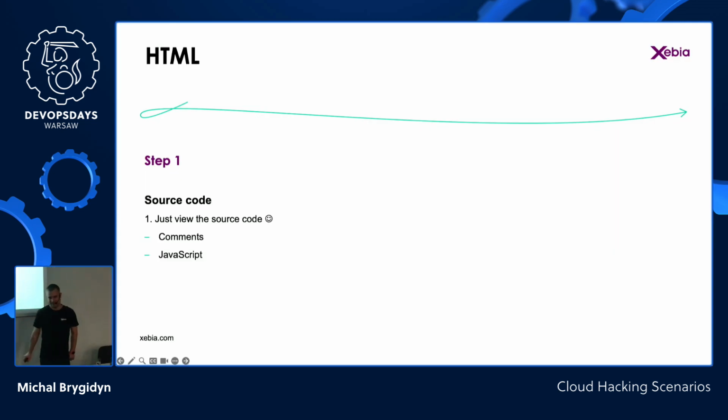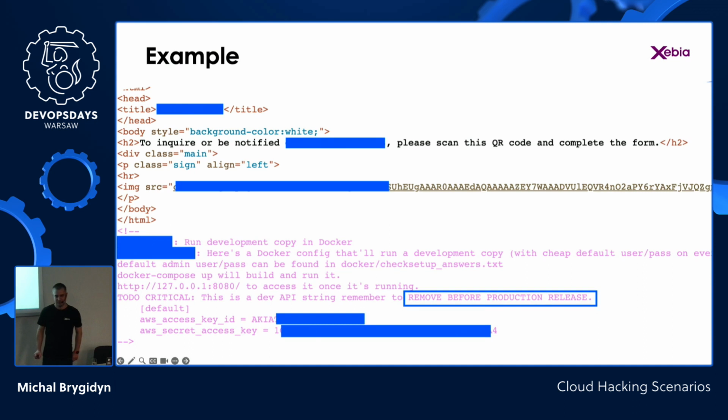And this is very easy, because you just need to check the source code, check HTML comments or JavaScript. This is an example of what I found about 2 years ago.